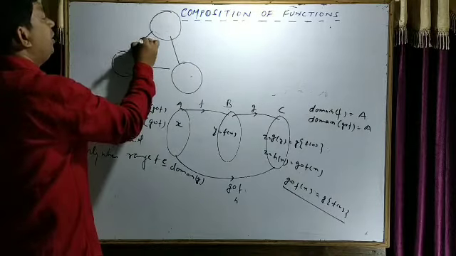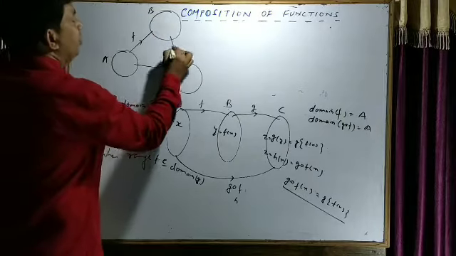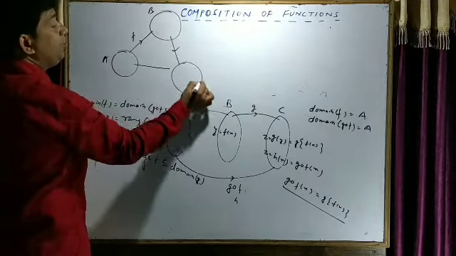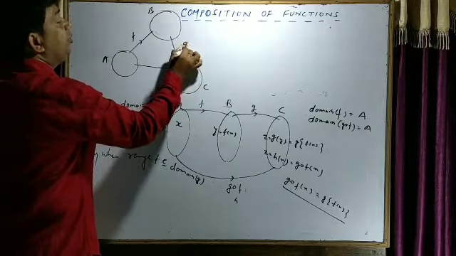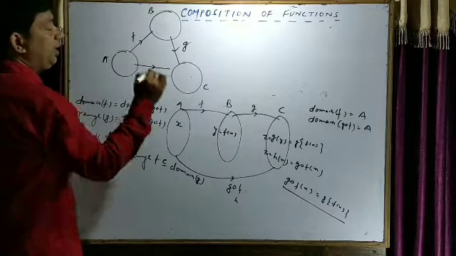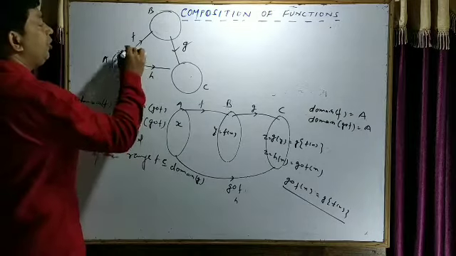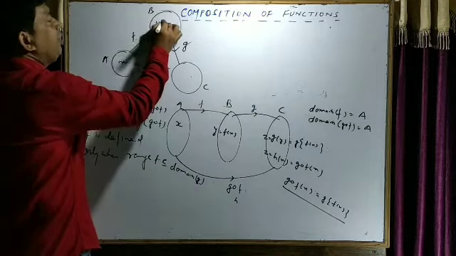Here it is. f is a rule from A to B and g is a rule from B to C. So if I take x, then this is f of x and y is here.